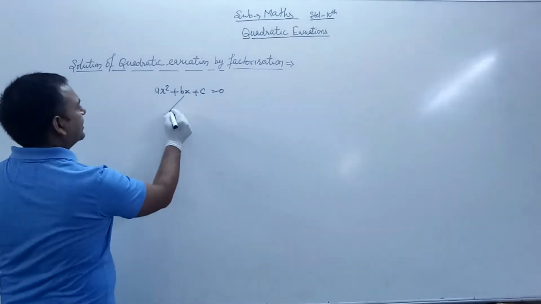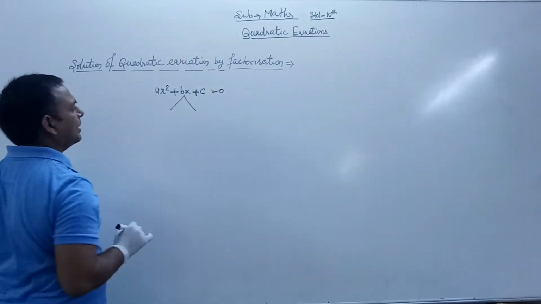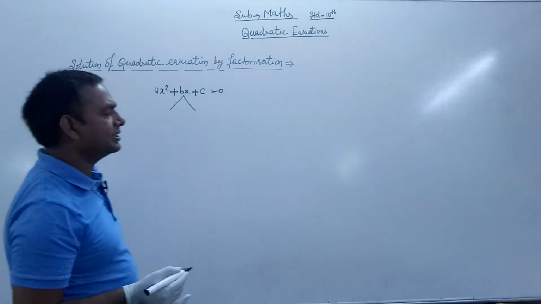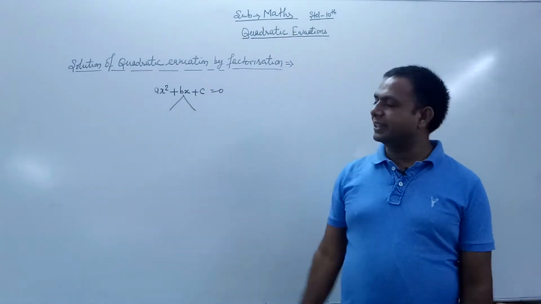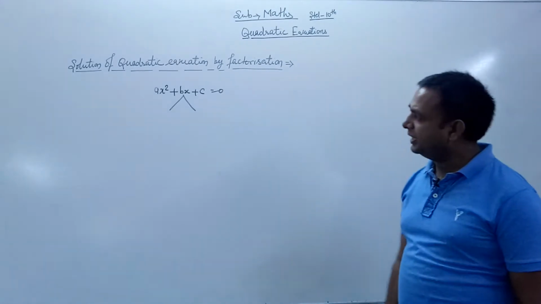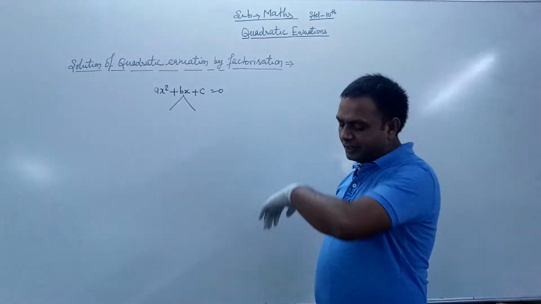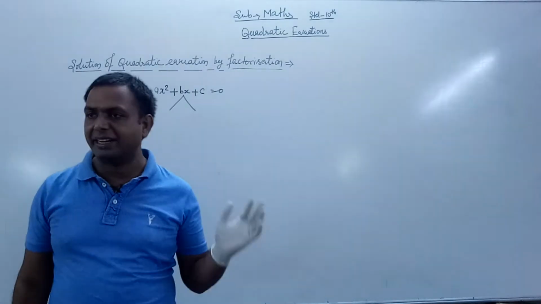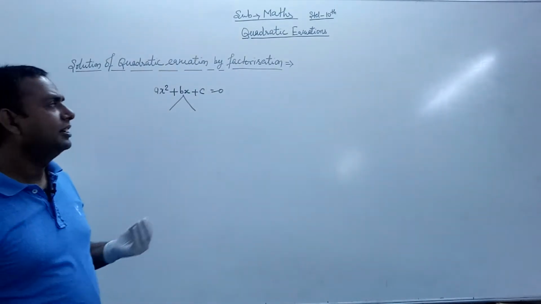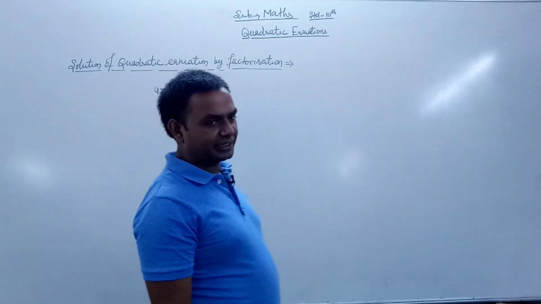Then you split the middle term into two parts, and after that you can solve the equation by the factorization method. I think all of you understand, because you also studied factorization in polynomials in 9th standard.